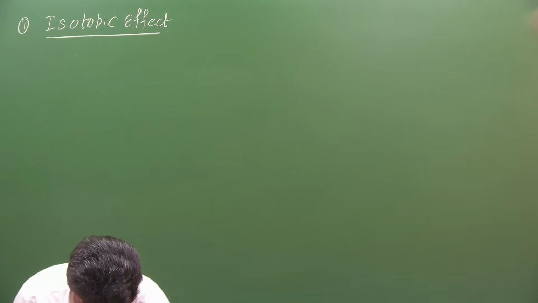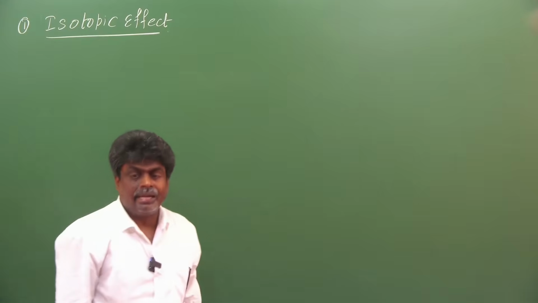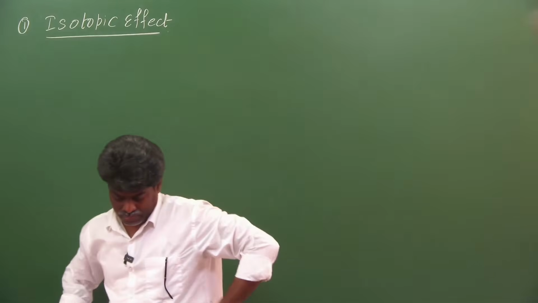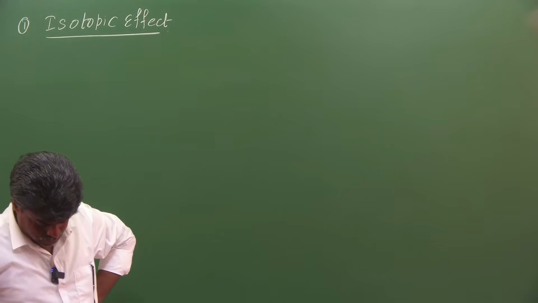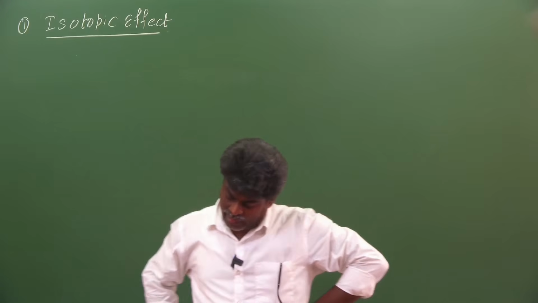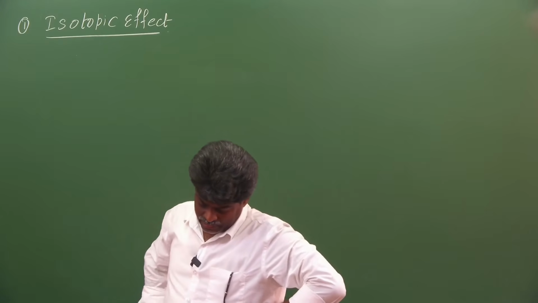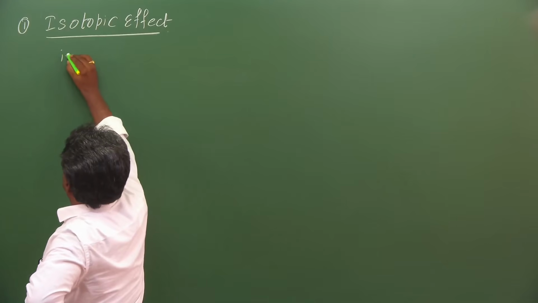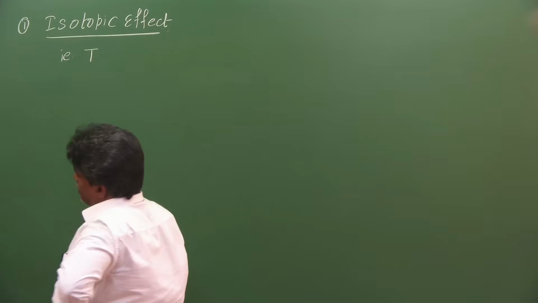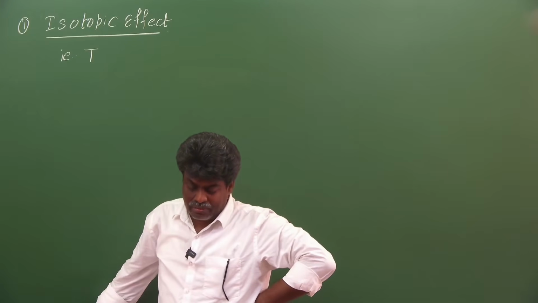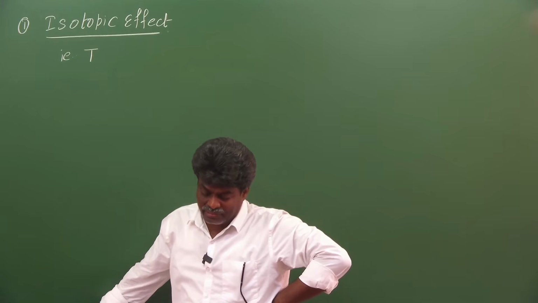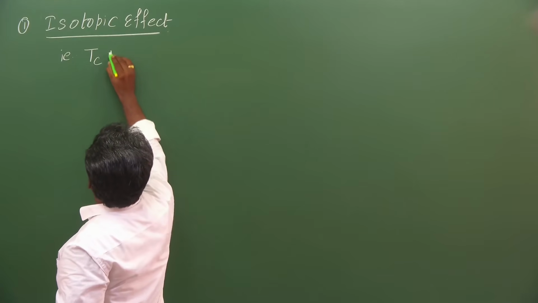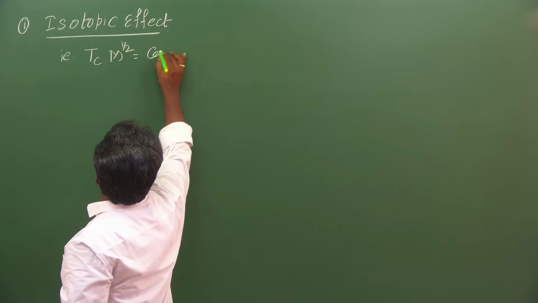Yeah, isotopic effect. Write down: the critical temperature for a superconductor varies with isotopic mass, that is, Tc m power 1 by 2 is constant.